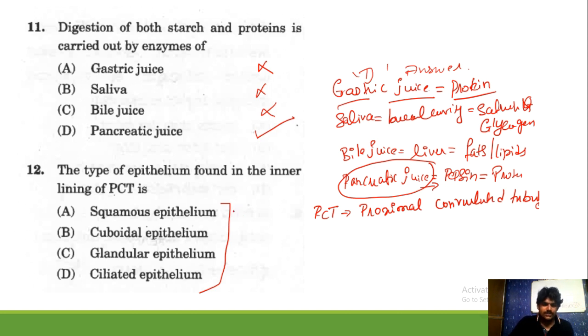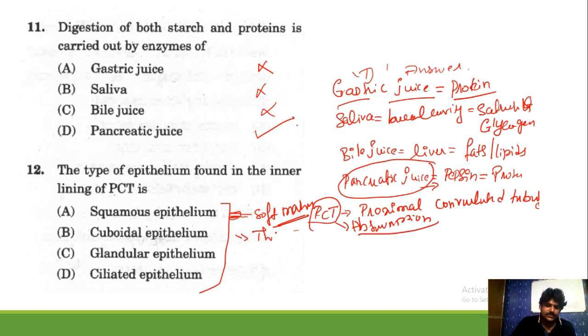What is the function of squamous epithelium? It is the thin tissue which gives a soft nature if it lines the inner layer. What is the function of PCT? Absorption, right? Just remember this function and let's go. Then cuboidal epithelium gives thickness to the layers, and it also acts as a cushion.